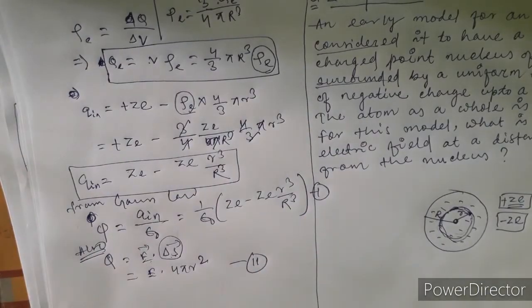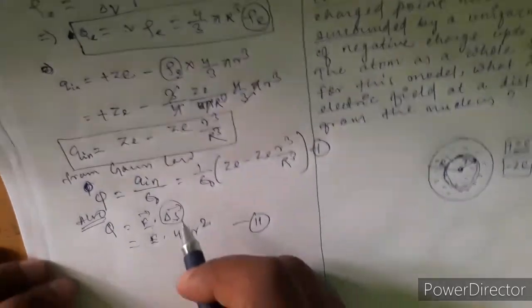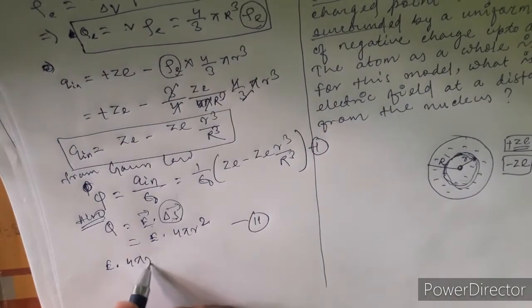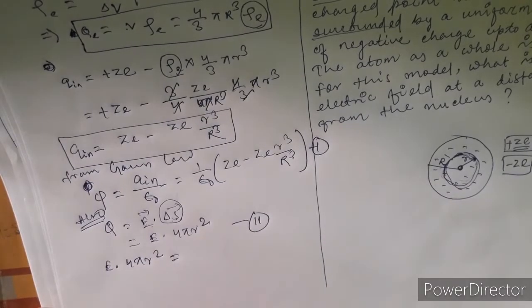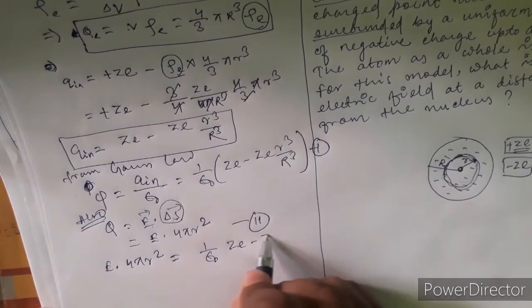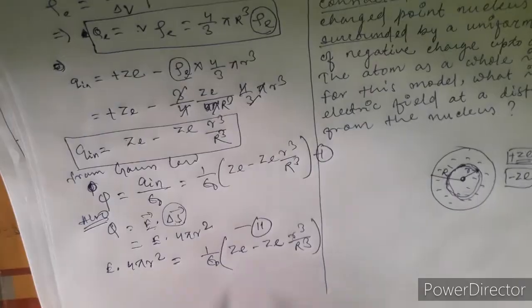Now left side of equation 1 and 2 are equal, so right side will be equal. So E dot 4 pi r square is equal to 1 by 4 epsilon naught times ZE minus JD r cubed by R cubed, okay.